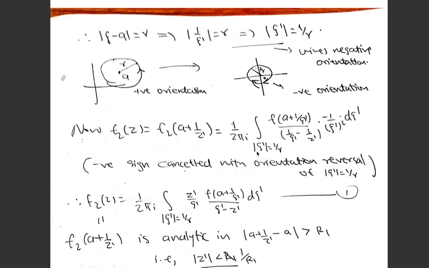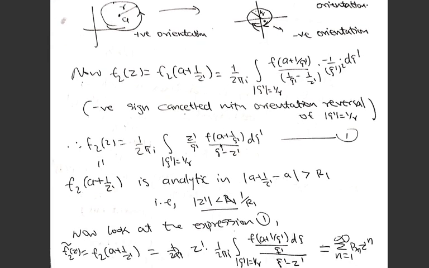This integral was over |xi minus a| equal to r, but the change of variable makes it |xi prime| less than or equal to 1 by r. You can see this reflection will give a negative orientation, so that will give a negative sign here, but we cancel it with something else. It's only a simple computation, so you will obtain this.